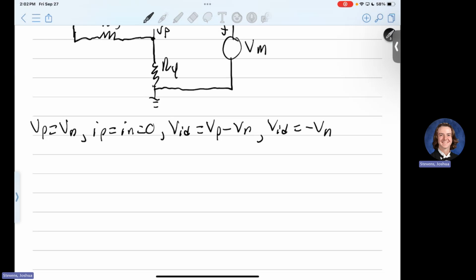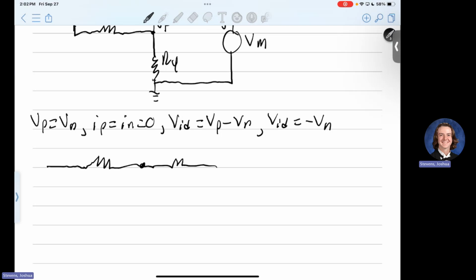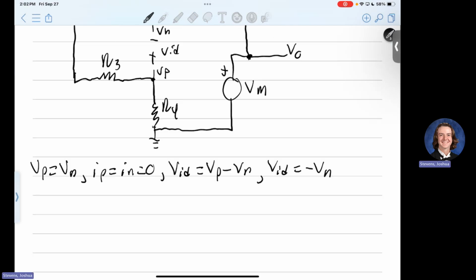So we need the top part, right, to have the two resistors tied to that node. Tied to VN. Wait. No, never mind. Give me a sec. I'm going to write it, and then I'm going to try to explain it.